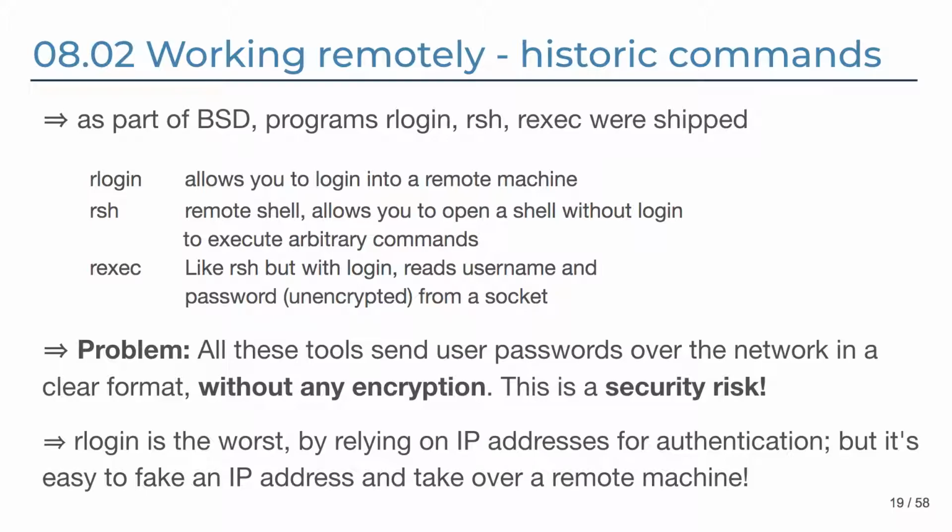However, it's very easy to fake an IP address. You could just say, oh, now I'm 192.168 and then something else, and you just know by chance that this is one that works, and then you have access to the whole remote machine. You can also iterate over all of that, and a computer does it very quickly. So if you ever find a computer with rlogin, it's not safe at all.